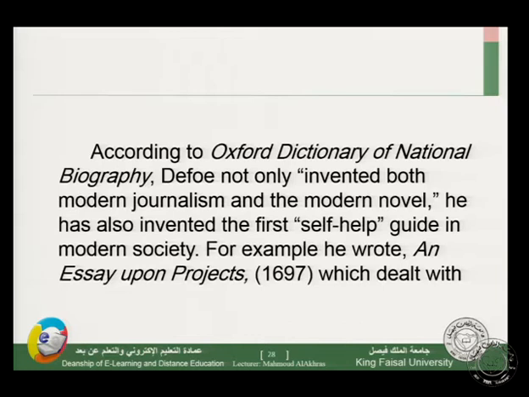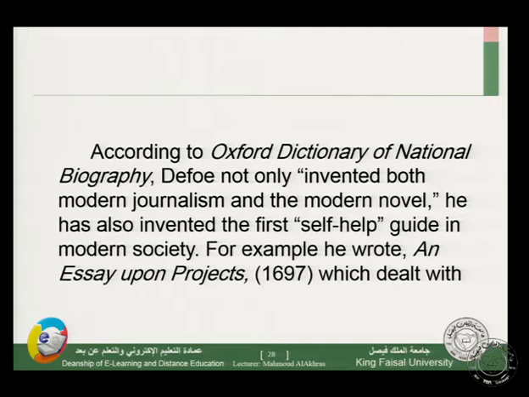According to the Oxford Dictionary of National Biography, Defoe not only invented both modern journalism and the modern novel, he also invented the first self-help guide in modern society. For example, he wrote An Essay upon Projects. Look at this work again.